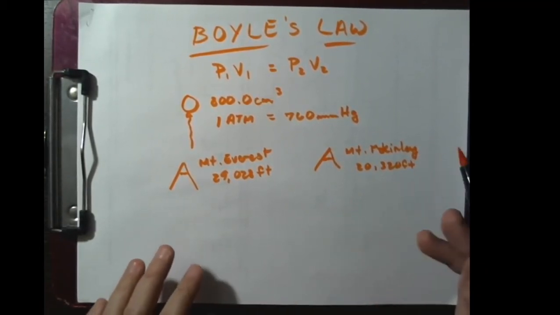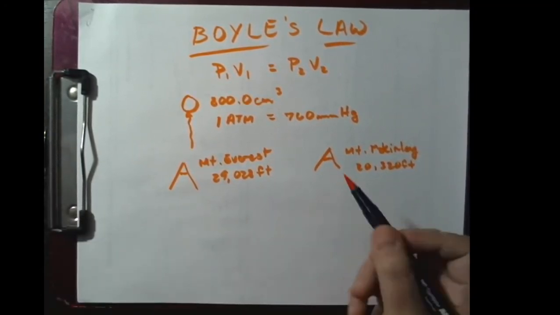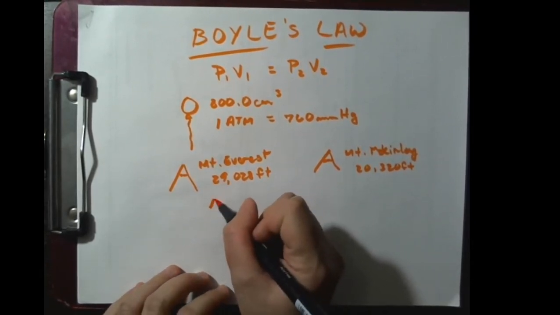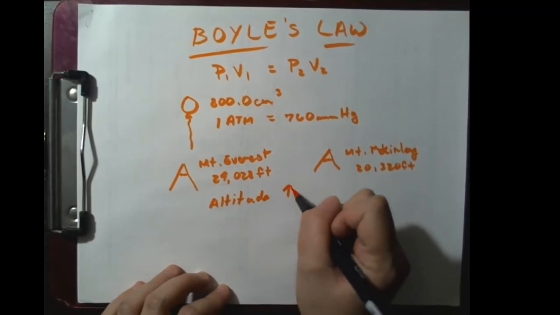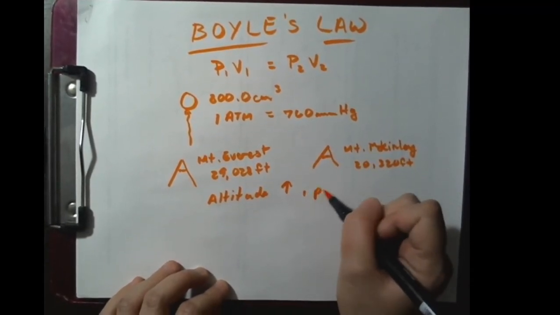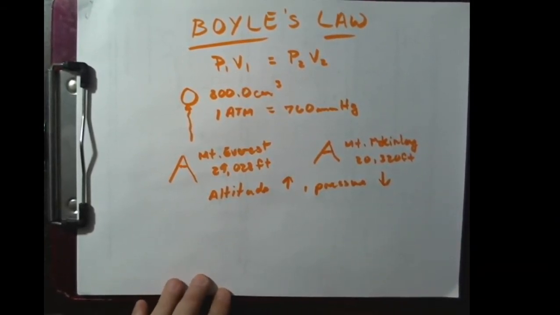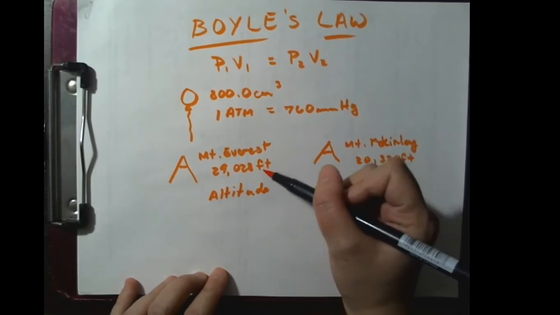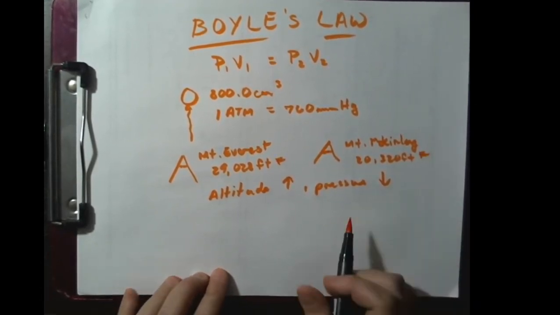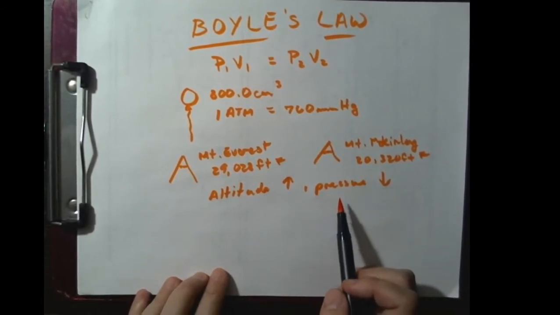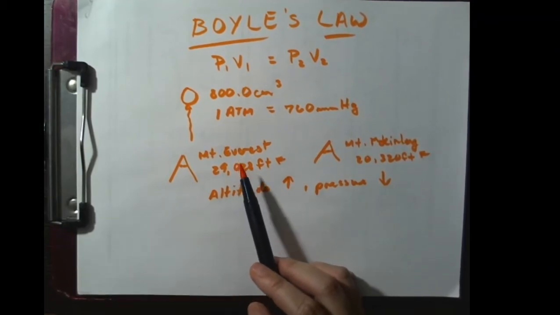So based on the lecture you've been given from your teacher, you should know that as altitude increases, atmospheric pressure decreases. So what we know from here is that Mount Everest has a higher elevation than Mount McKinley. So that tells us that the pressure is a lot less on Mount Everest.